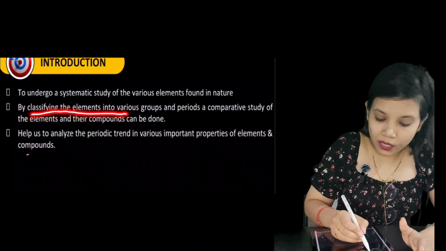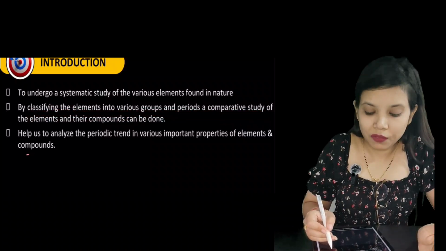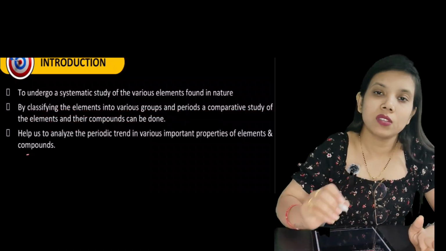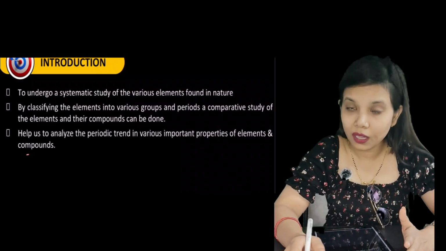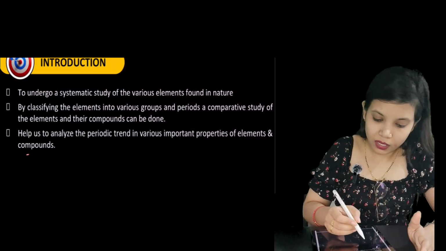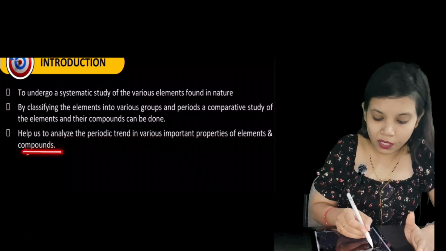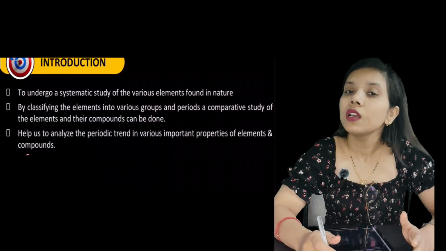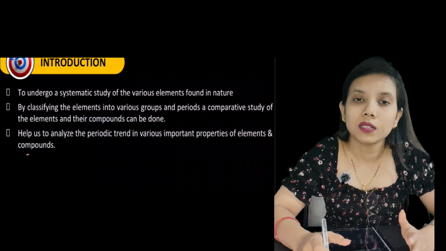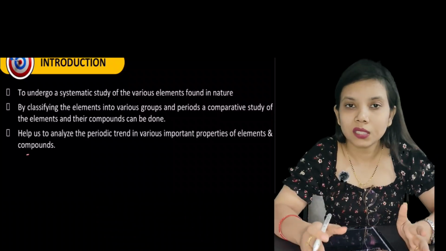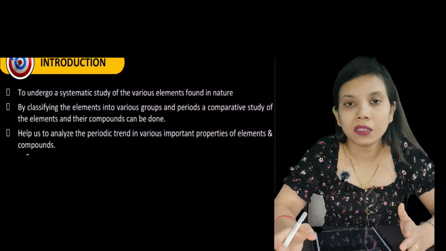Second, so that we can classify the elements into various groups and periods and we can do a comparative study of the elements and their compounds. It helps us to analyze the periodic trends and the various important properties of elements and compounds. So these are the three reasons that we need to study the periodic table and we need to make the periodic table.